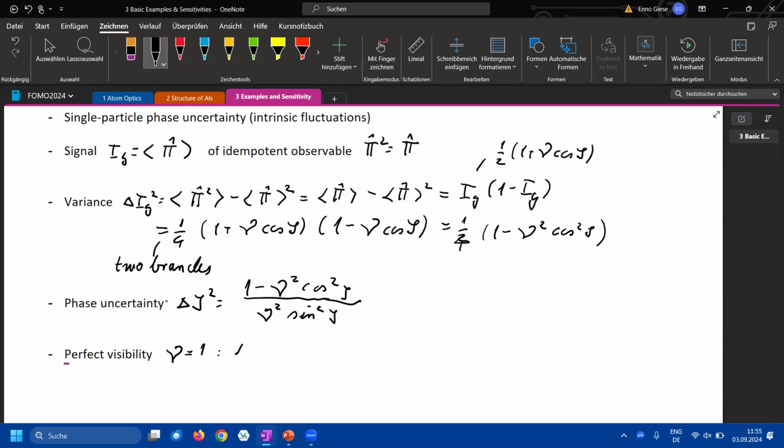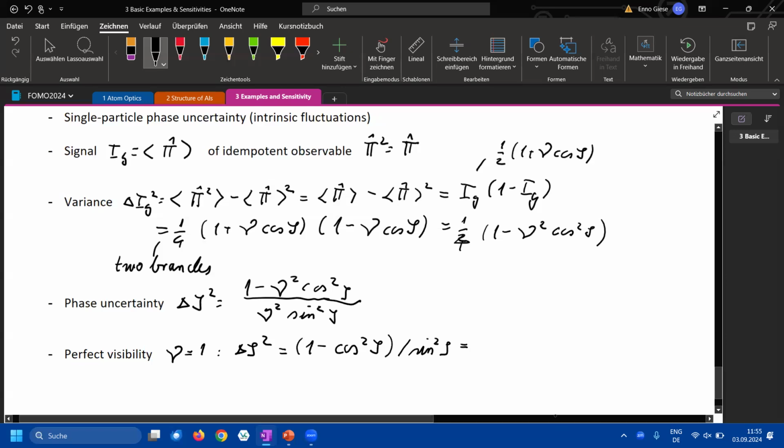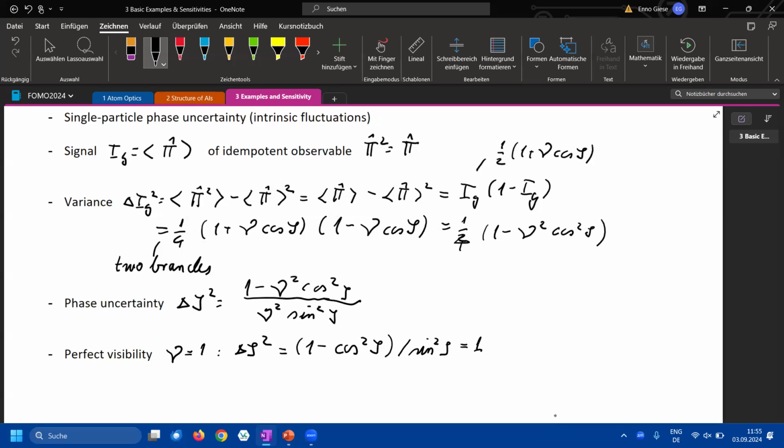And that implies delta phi squared is equal to 1 minus cosine squared phi divided by sine squared phi. And of course, sine squared is 1 minus cosine squared. That's just a trigonometric relation. And we get this intrinsic single particle phase uncertainty is equal to 1. And it's independent of the phase. That's for a perfect interferometer.